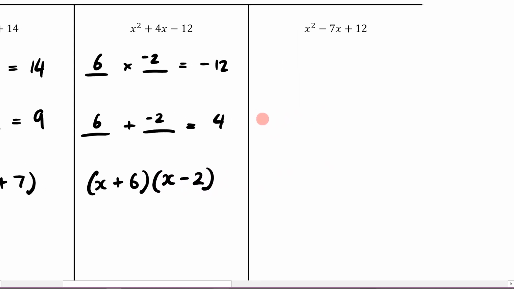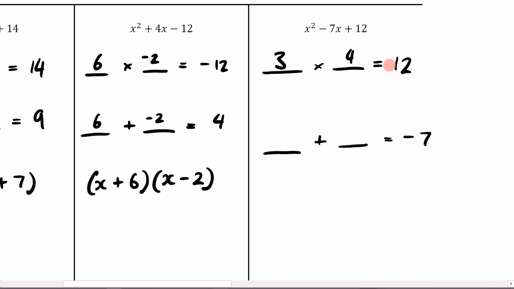Then we come over here. So this is going to be two numbers that multiply to give me 12 and two numbers that add to give me negative 7. Well, I know that 3 and 4 give me 12 and 3 plus 4 gives me 7, but then everything's going to have to be negative.